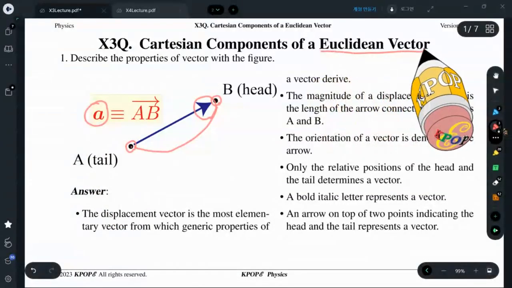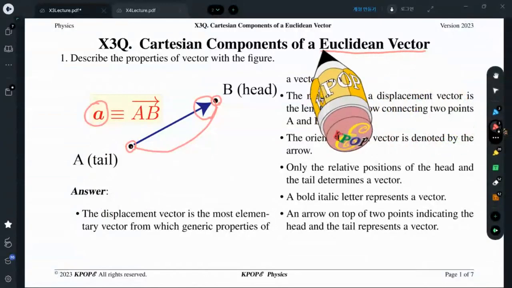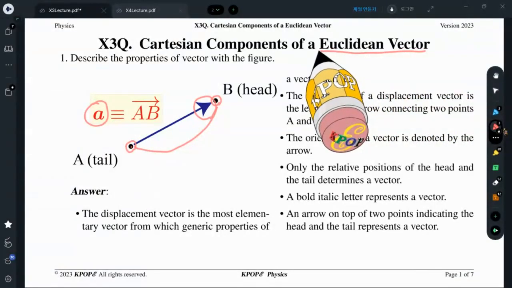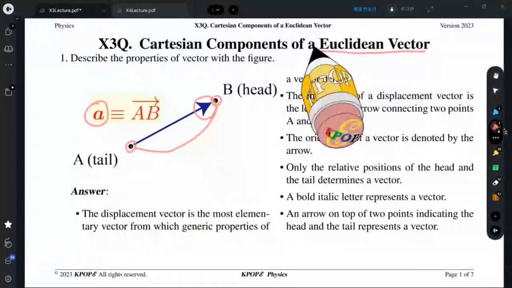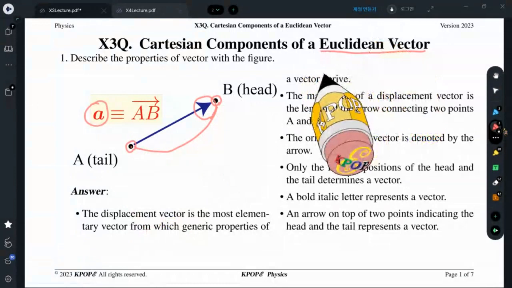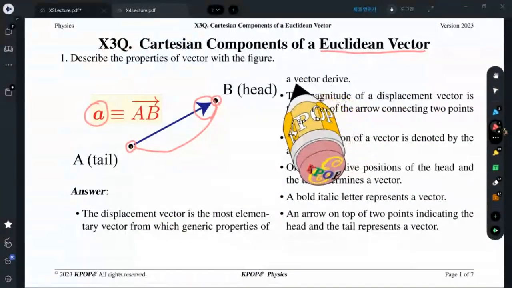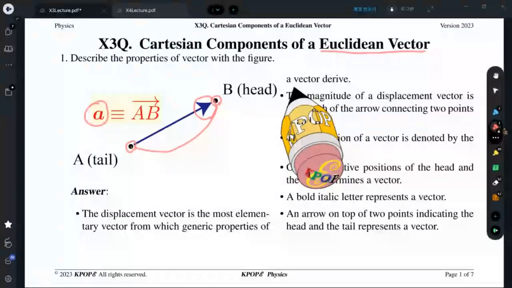Euclidean vector means this vector is representing an arrow between two points in a Euclidean space. The Euclidean space is a space in which Pythagoras theorem works.